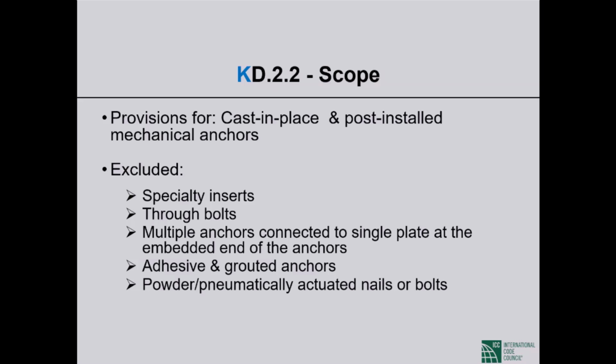The appendix has provisions, as I mentioned, for cast-in-place anchors and also post-installed mechanical anchors. Very importantly, excluded from the scope of the appendix are specialty inserts of various kinds, through bolts that go through the body of concrete, and multiple anchors connected to a single plate at the embedded end of the anchors.